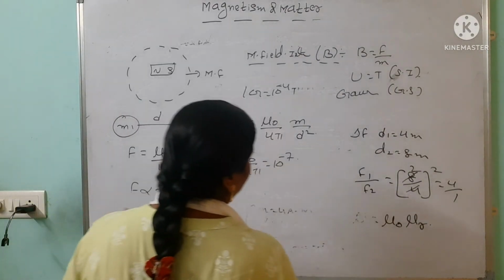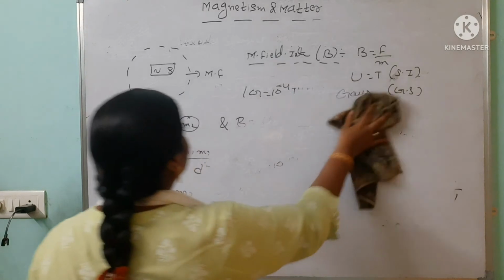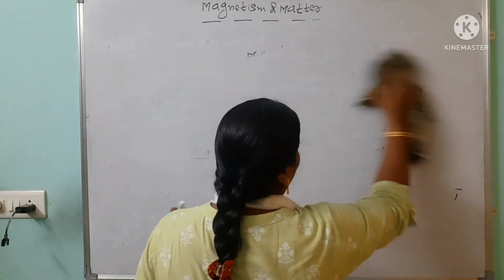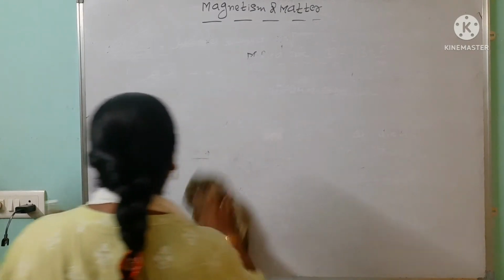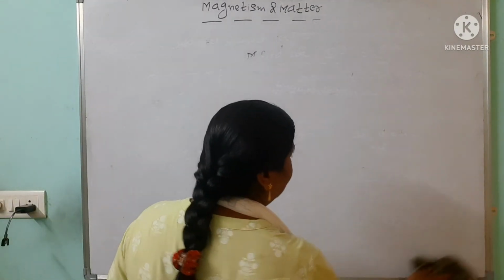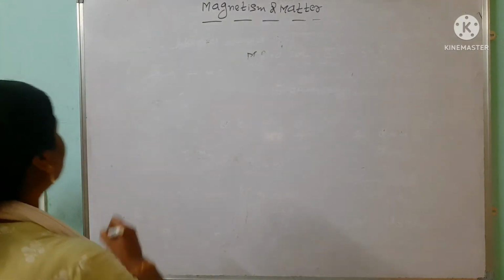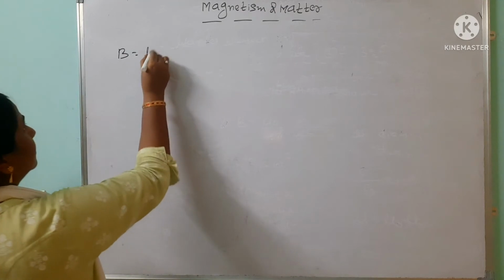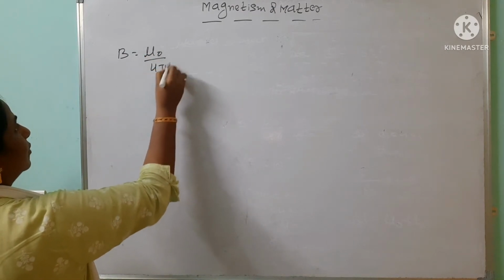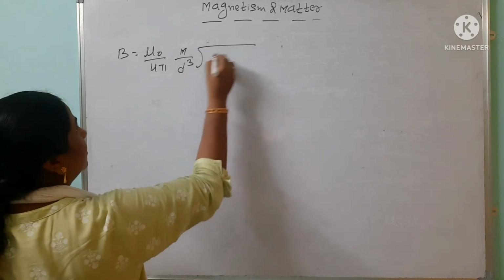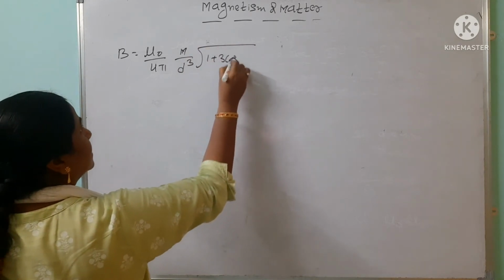Now we are going to discuss the magnetic induction in the case of a magnetic dipole, on the axial line and the equatorial line. That formula you simply have to remember: B equals mu naught by 4 pi m by d cube into under root 1 plus 3 cos square theta.